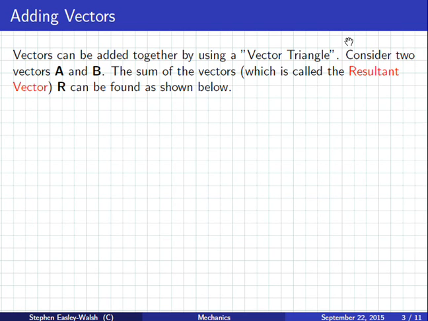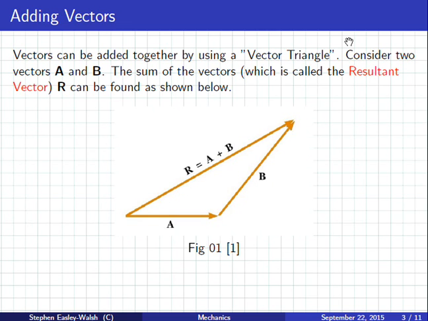This is what the diagram looks like. You put the B at the end of the A, and the answer is the long side. So please draw this, and please write down that word, resultant vector.